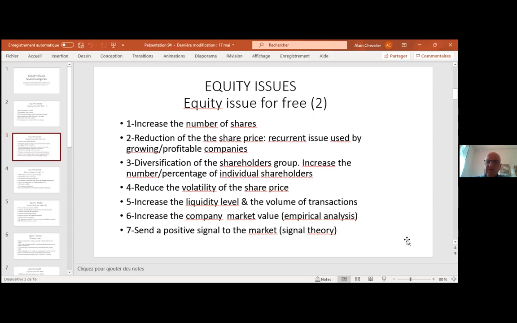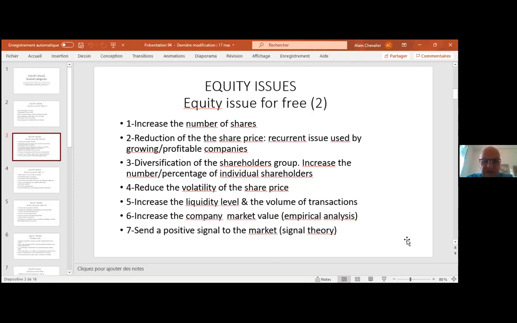And it is clear that the stability of a shareholder group is a function of the diversification of the shareholder group. If you have at the same time individuals, investment fund, foreign, national, public shareholders, and so on, it is clear that they probably will not buy and sell at the same time.